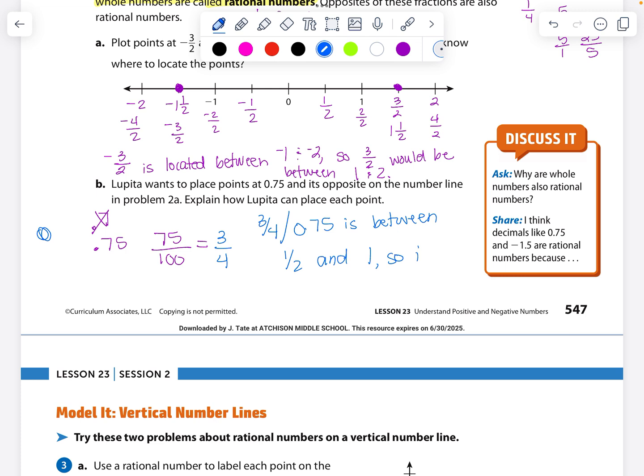So its opposite, and I'm just going to name it -0.75, is between -1/2 and -1.